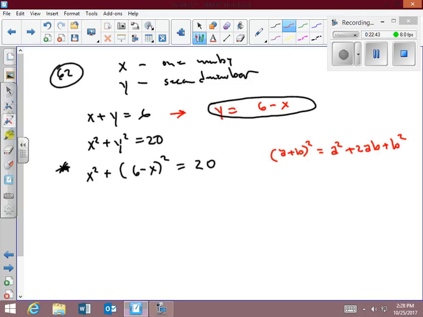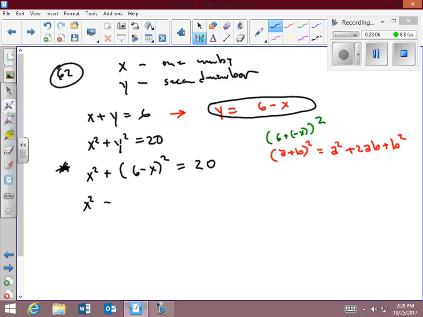I'm going to be thinking of this 6 minus x as 6 plus a minus x, the quantity squared. 6 being the first term, minus x being the second term. And I'm just going to use the words and convert it. So I have an x squared.